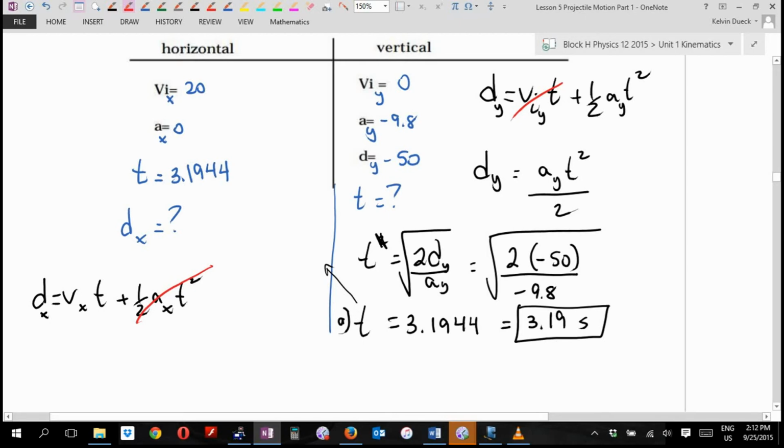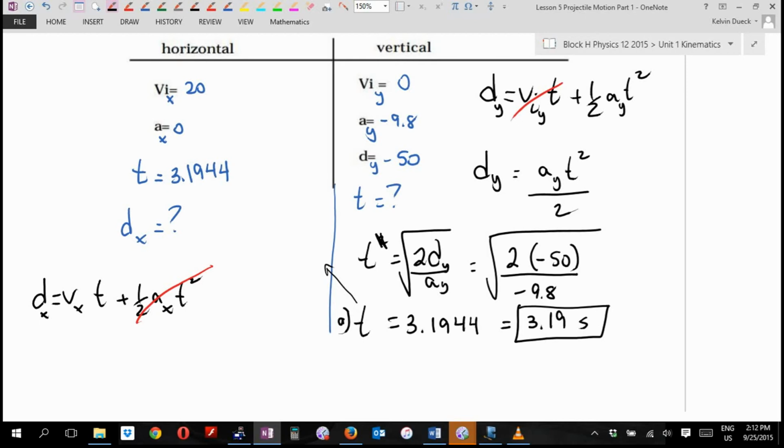By the way, if you look closely, you'll notice I didn't bother putting an initial. Why not? Because if you're not accelerating, your initial is your final, is your middle, is your constant speed. So I was so lazy I didn't even bother putting the I on there.